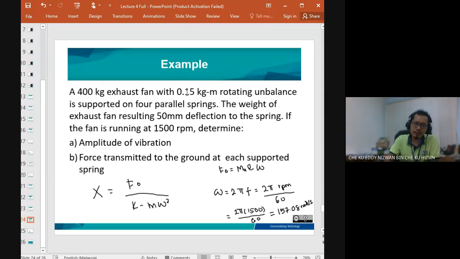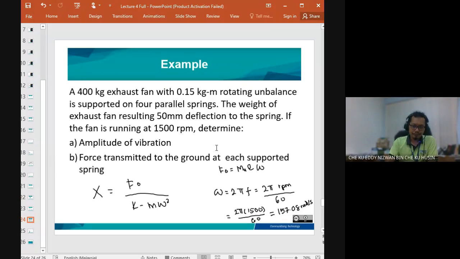The 0.15 kg·m rotating unbalance actually refers to the mass of the unbalance times the distance, the distance from the unbalance mass to the center of rotation.